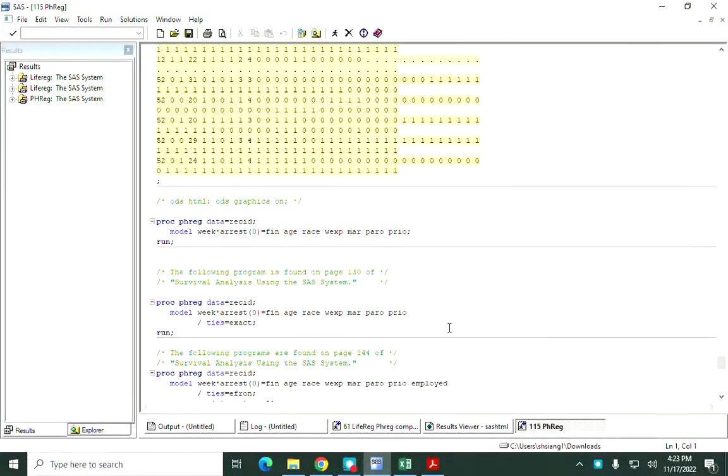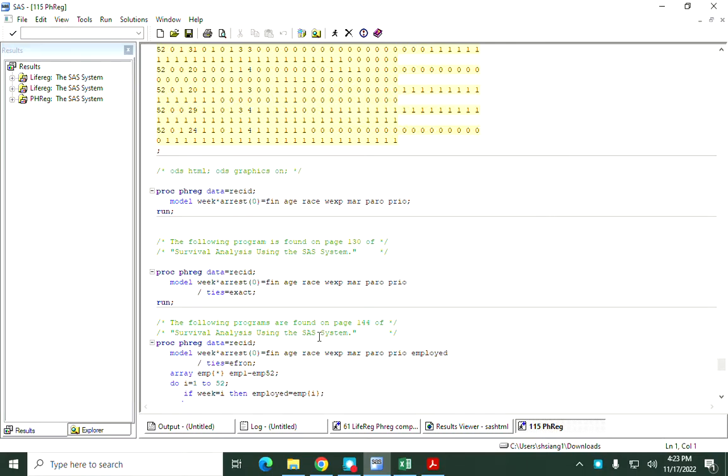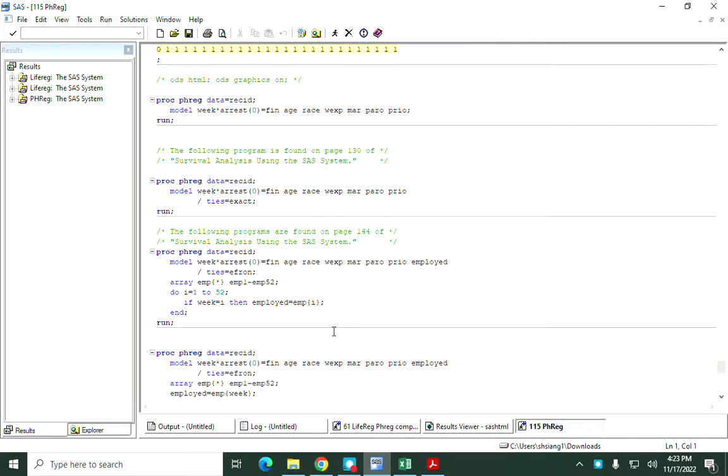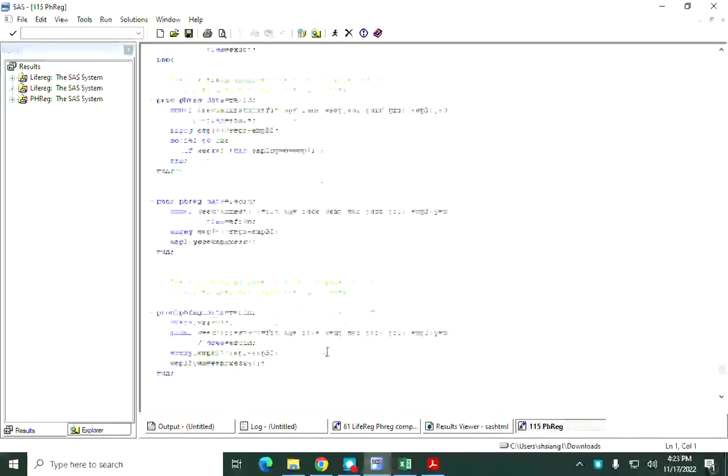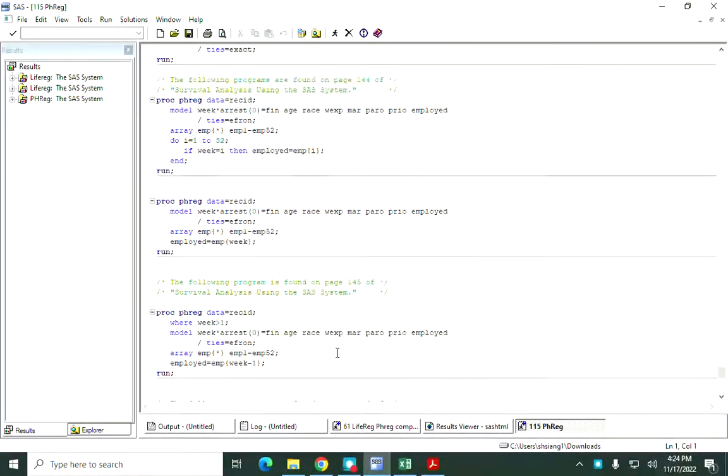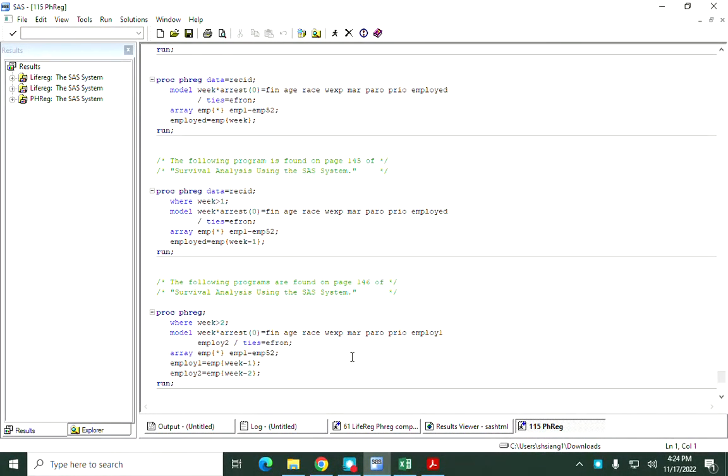And here are the time series one by one. How long it's been employed, okay? And has it been employed 2 weeks, or the week before, 2 weeks before it's been hired.